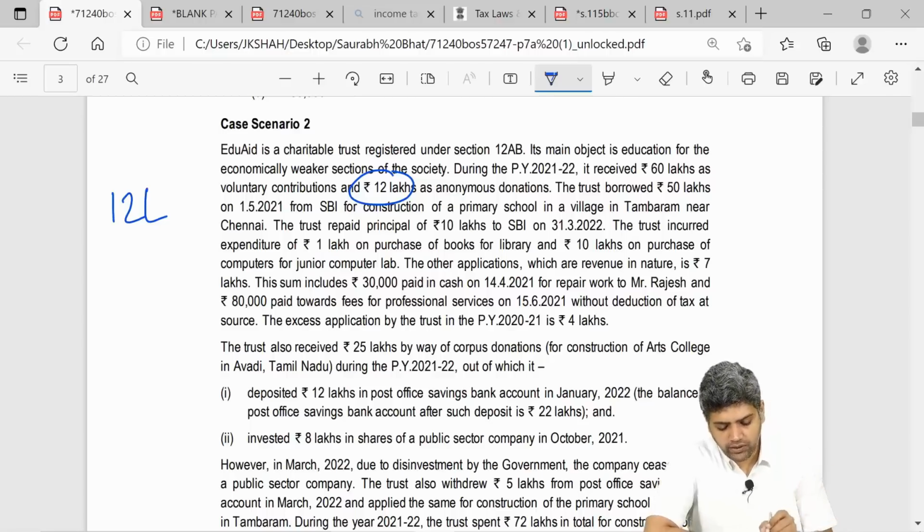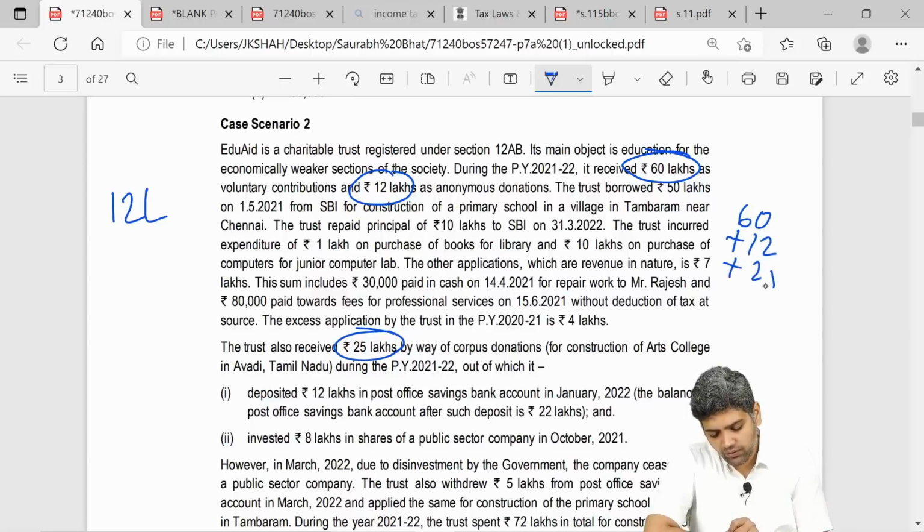Total voluntary contribution is 60 lakhs and 12 lakhs anonymous donation, so 60 plus 12, that is 72 lakhs. Apart from that, you have received a corpus donation of 25 lakhs.